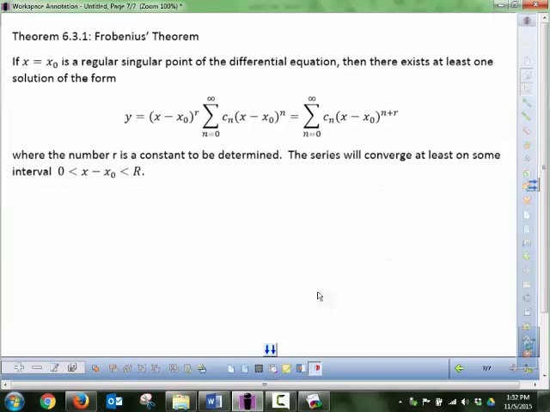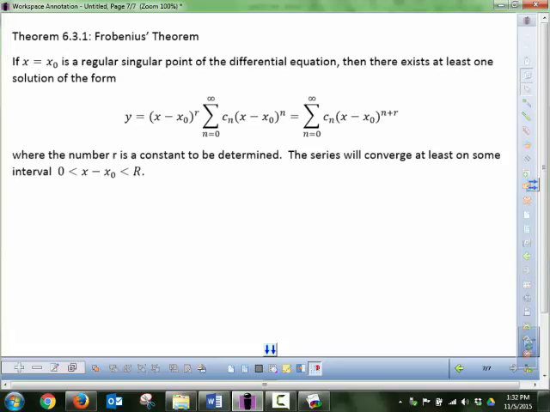So Frobenius' theorem says that if we have a regular singular point, then there exists at least one solution that looks like this form. It's essentially your power series with your singular point factor raised to the r power, where r is some number that we need to figure out.